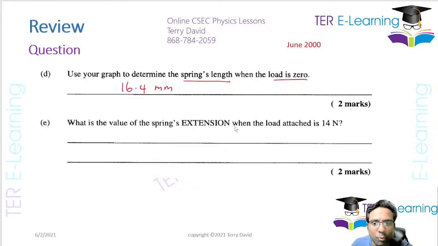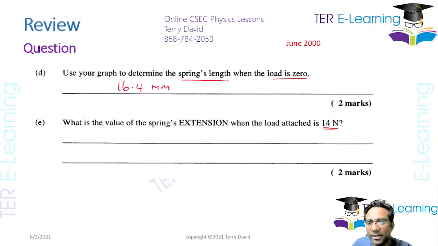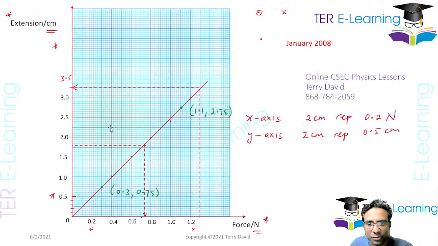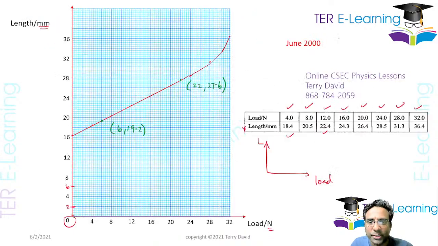Next thing they want here: what is the value of the spring's extension when a load of 14 newtons is attached? So I just go back to the previous graph here. I just want to borrow one of these lines. So you want 14 newtons, right? So I need a vertical line at 14.